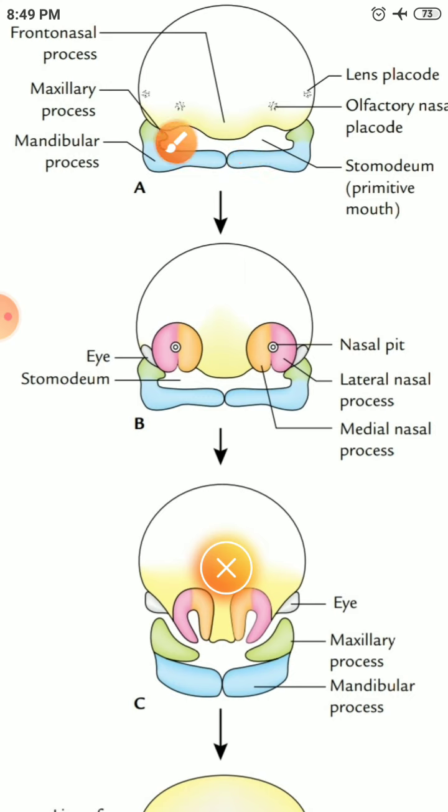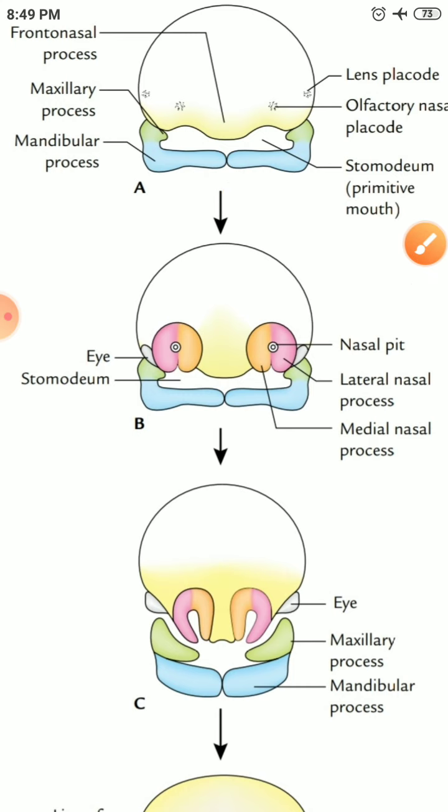This is the primitive mouth, also called the stomodeum. Small placodes are present. One is the olfactory placode, which is medially placed. The other placode is the lens placode. So yellow represents the frontonasal process, green the maxillary process, and blue the mandibular process.